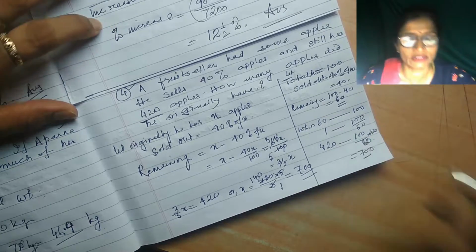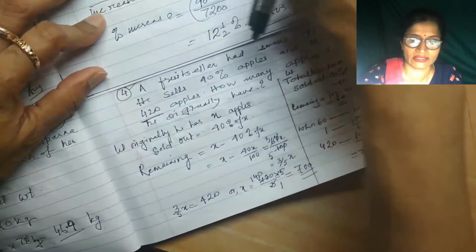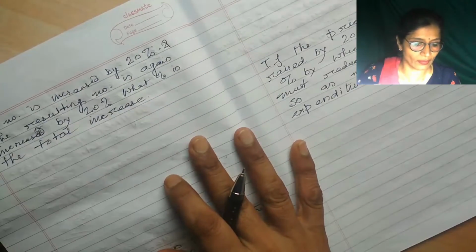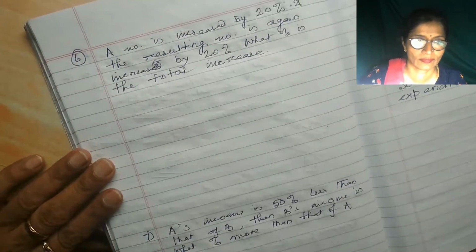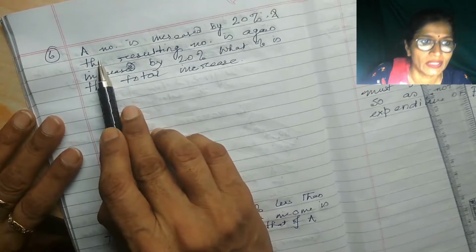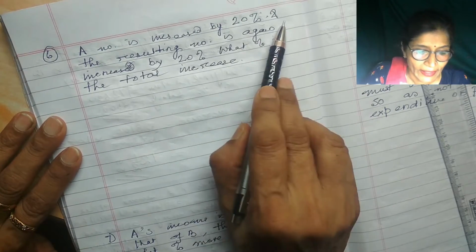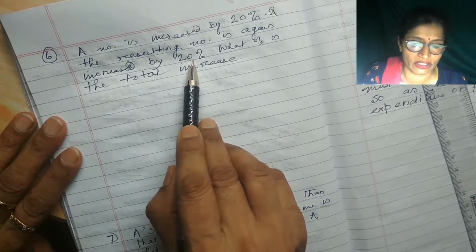It means you can do the sum either by considering 100 or by considering x as the original. Next is that a number is increased by 20% and the resulting number is again increased by 20%.